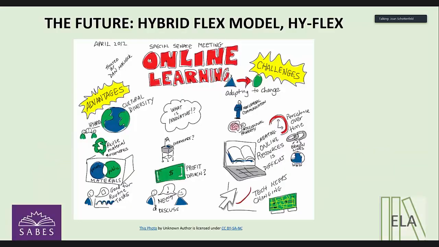I really believe that even when schools return to in-person learning, the future of teaching will look different from the model that we're used to. The future may very well be a hybrid flex model where online learning is made available to all students.